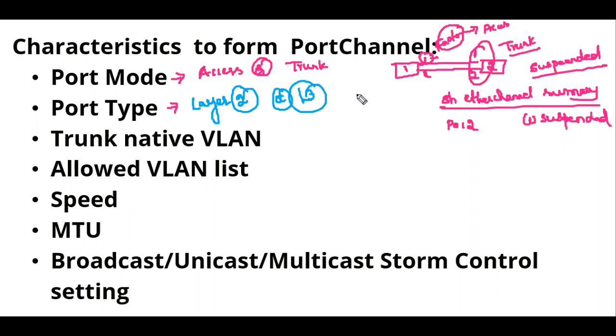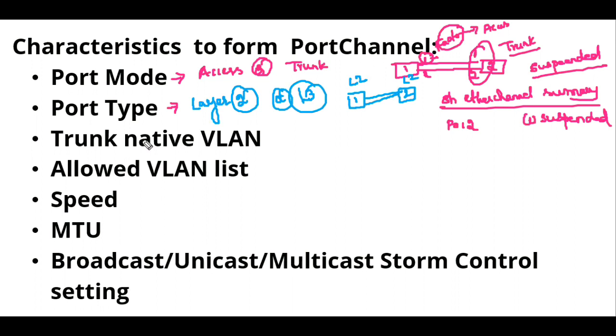You cannot have layer 2 on one of the ports and layer 3 on the other side of the switch. So if you have switch 1 and switch 2, this must be L2 and this must be L2. Only then can you create a port channel with no errors.